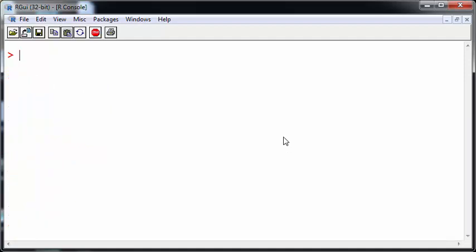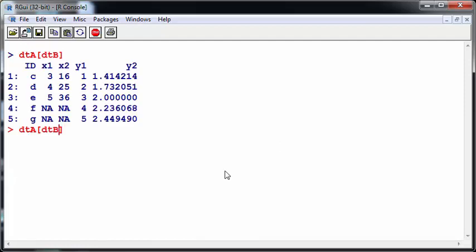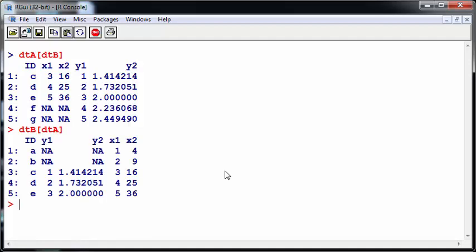I won't get too much into this, but you could do left joins and right joins very simply and very efficiently with data table, and it merges very quickly.